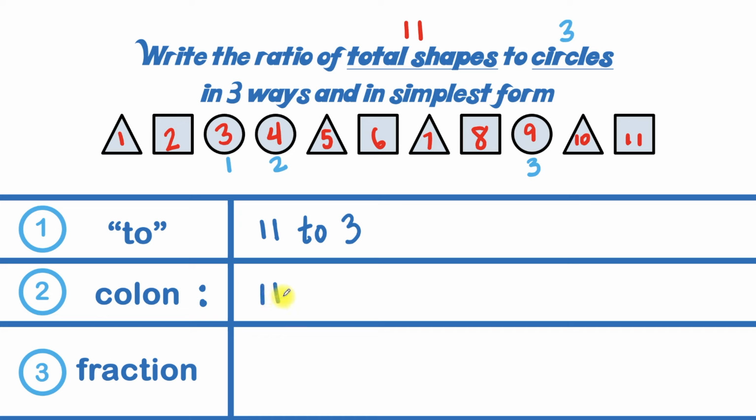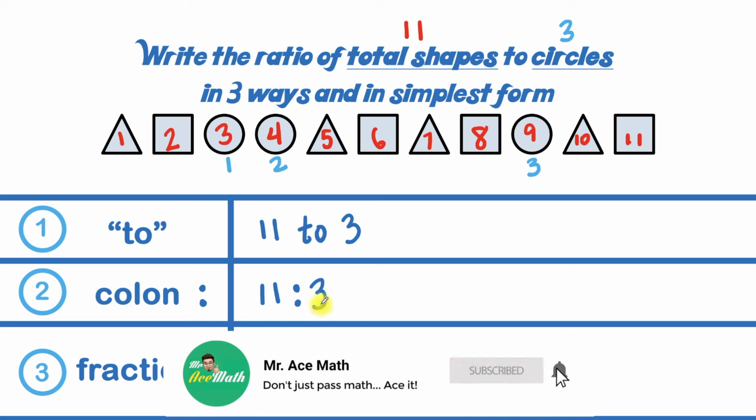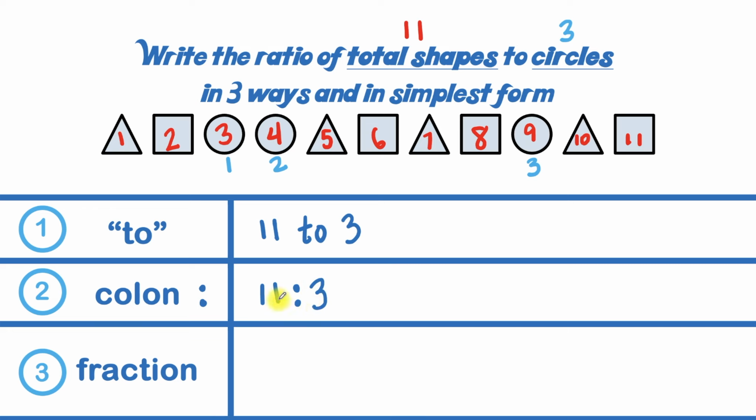So we've got 11, and then we'll write a colon, and then we'll write the second value in our ratio, which is 3. Here's an important reminder. Even though you write it with a colon, you would still read it using the word to. So even though we do have written here 11:3, when we read this ratio, we would read it as 11 to 3.